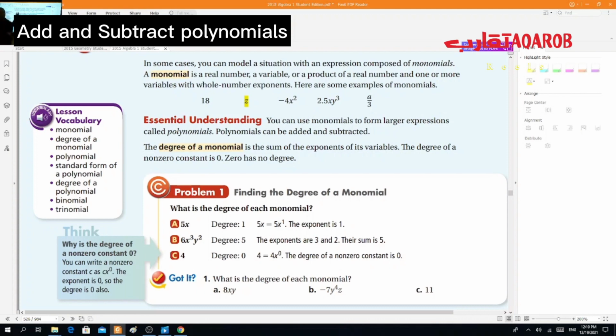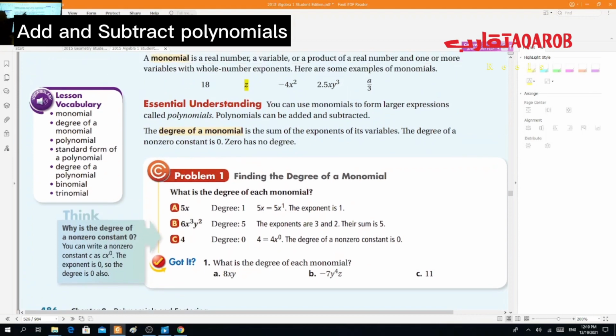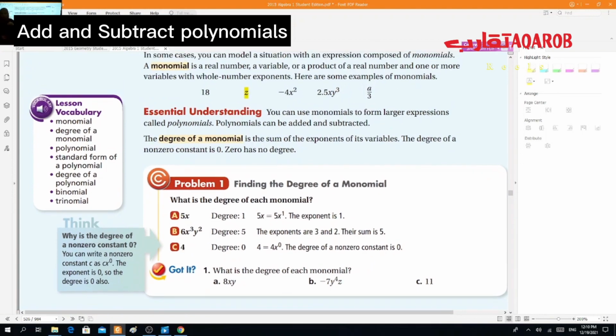So the number 18 is a monomial that has a degree of 0. Don't forget that. What about this monomial? It has a degree of 2, since I have only one variable and it is raised to the power 2.